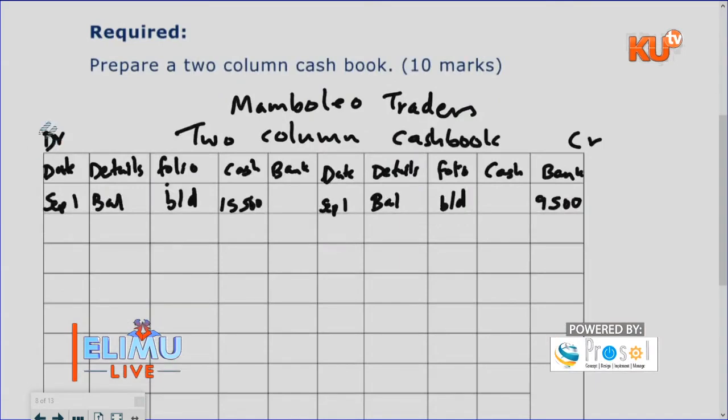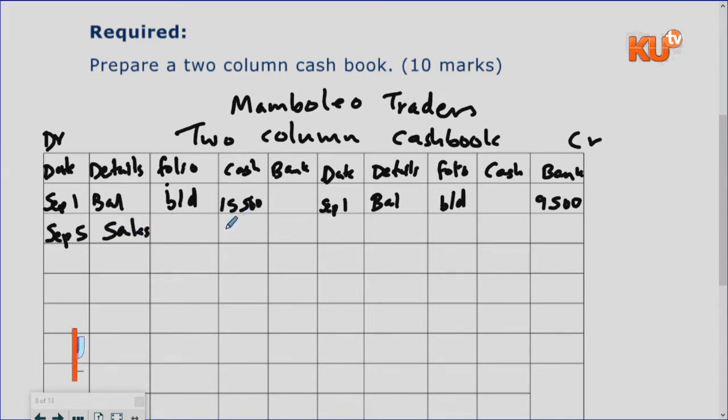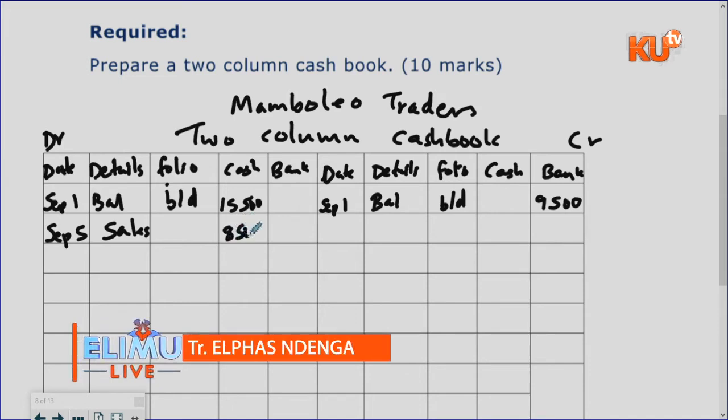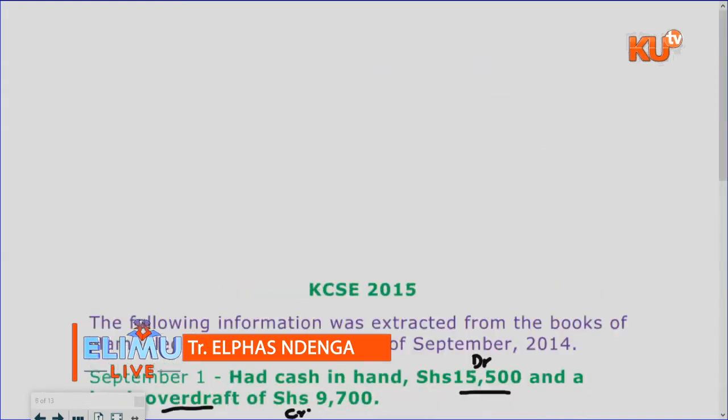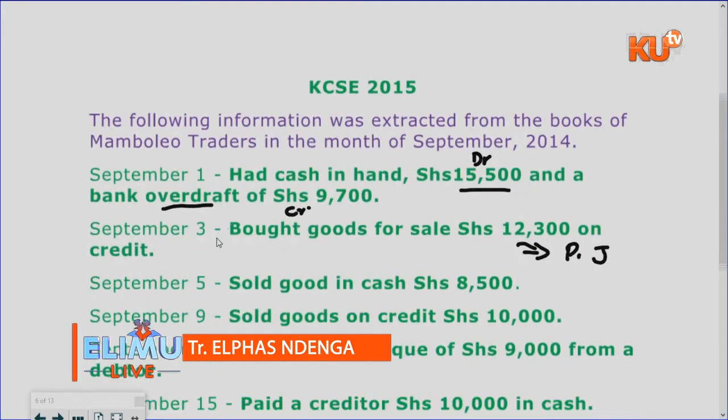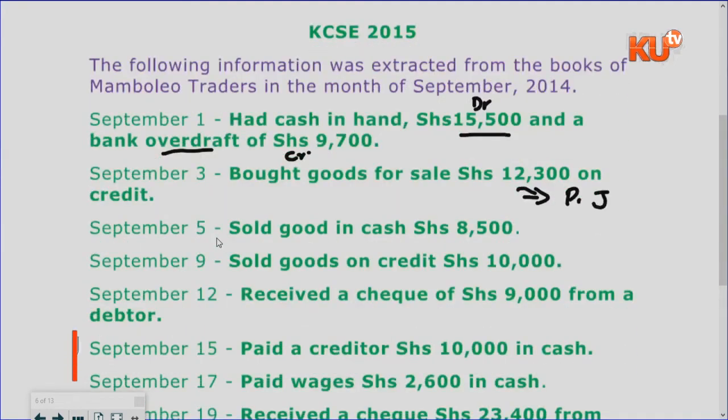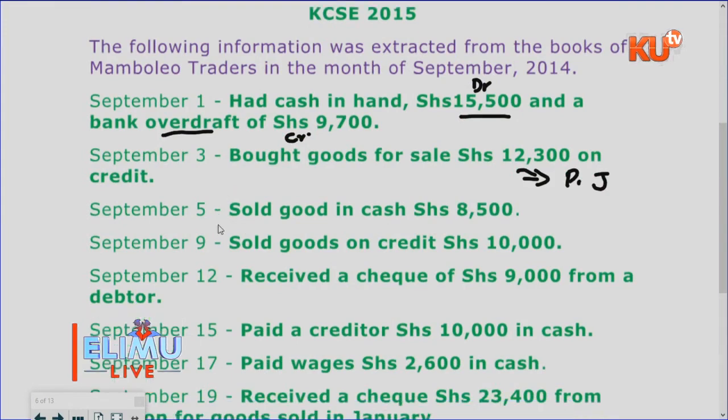And so we'll write September 5. That is sales. Cash, how much is this? 8,500. And so this is coming from the sales ledger, so we'll have our SL. If you are not sure what should be filled in the folio, you can leave the folio column blank rather than filling in what you are not sure of.